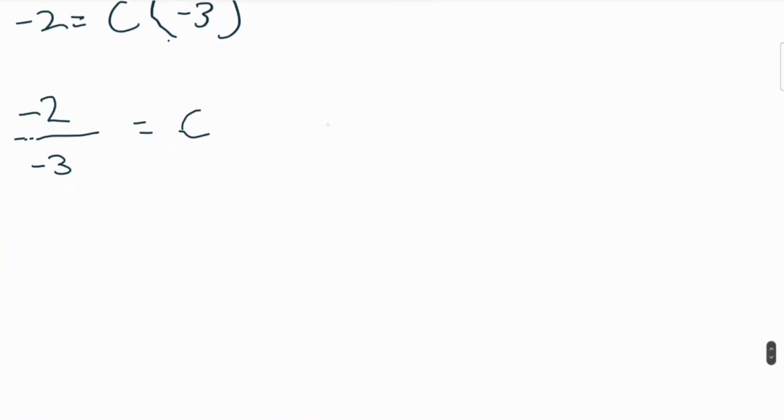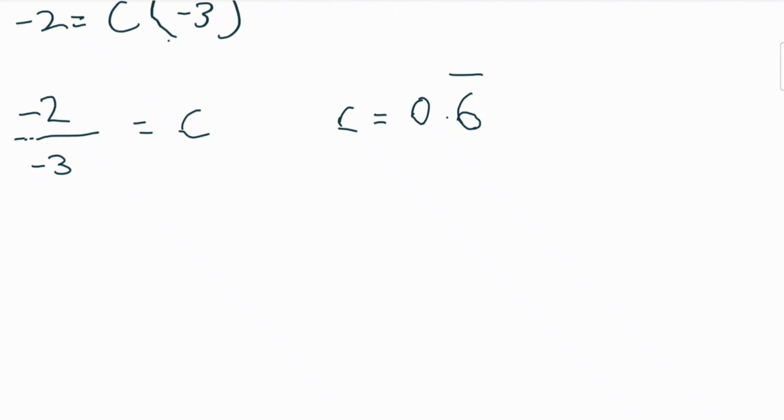Okay? So that means that c is going to be equal to 0.6 recurring. Okay, so now we know our c value.